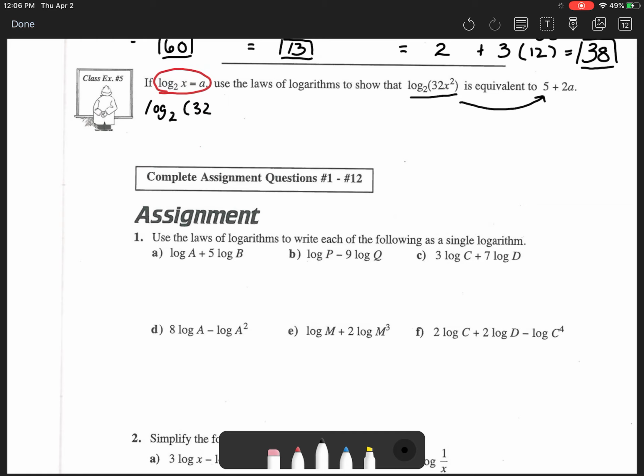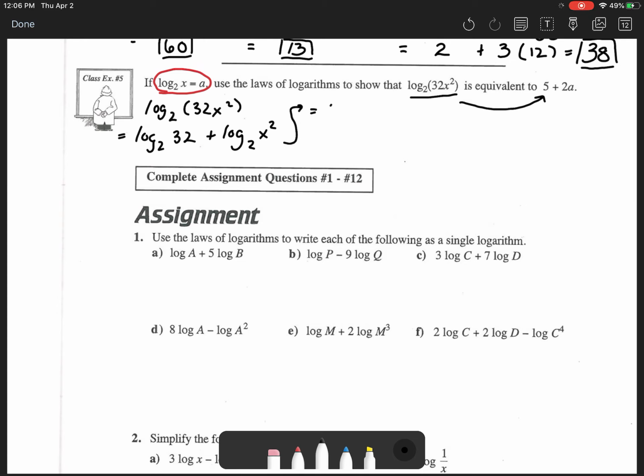So I'm just going to write out log base 2 of 32x squared. Again, I'm going to separate that into log base 2 of 32 plus log base 2 of x squared, same as I did in the last two questions in the previous section above.